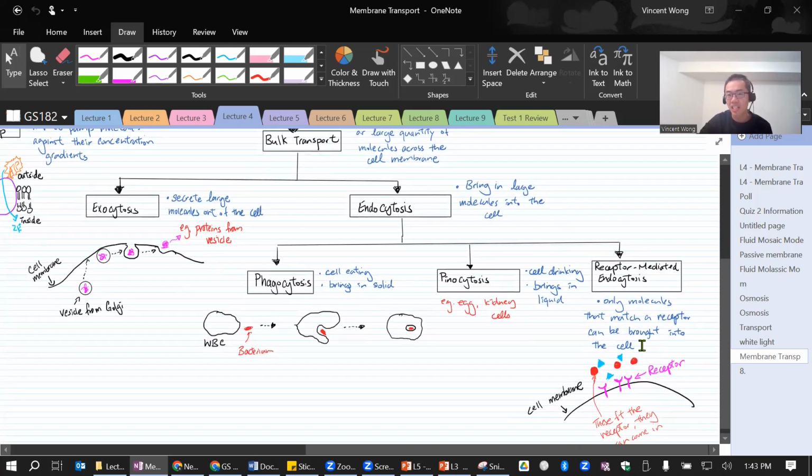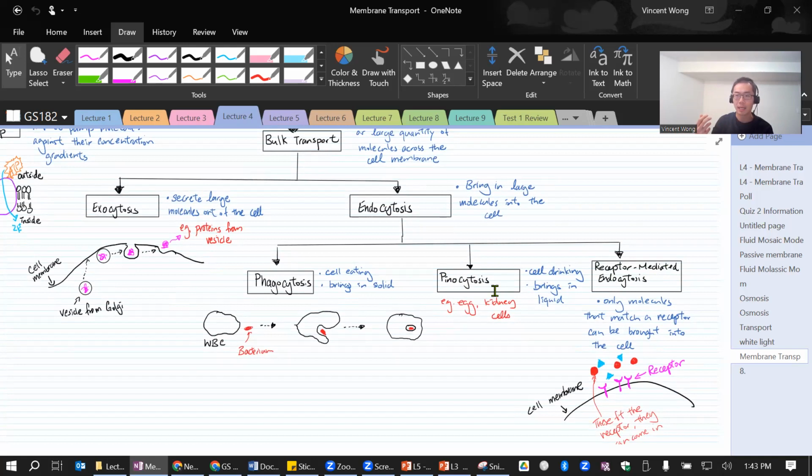This has more selectivity to it. It's more picky about what's brought in. Now, even though this is called cell drinking, you're not exclusively bringing in liquid. There might be something in the liquid and you accidentally bring it in as well.